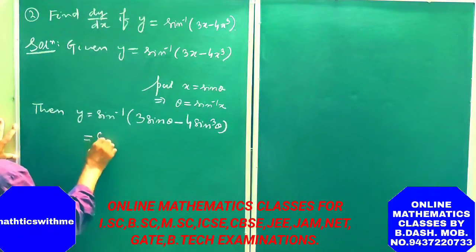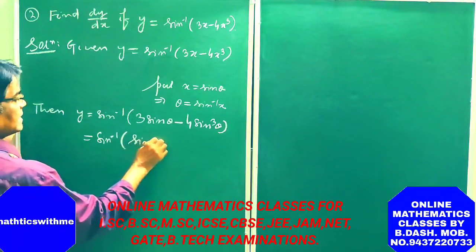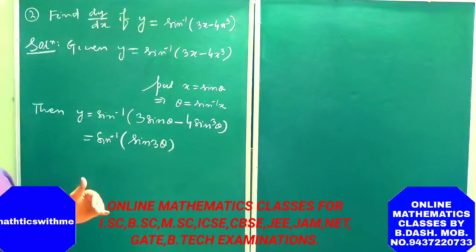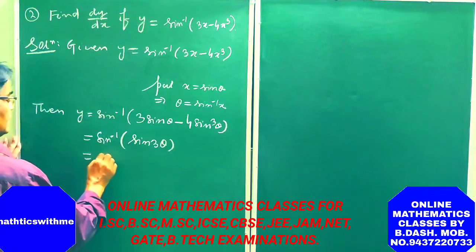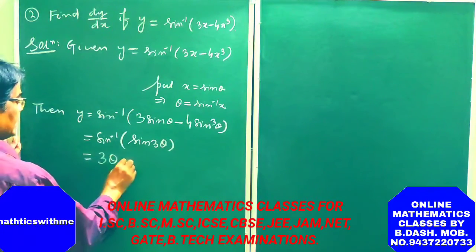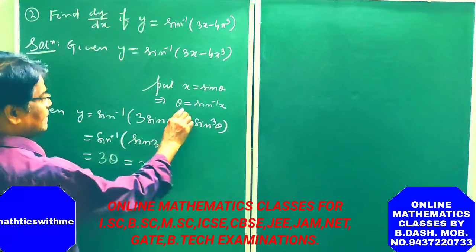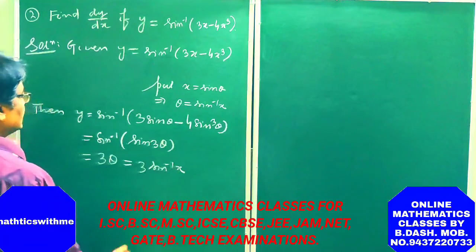So this is equal to sin inverse sin 3 theta, because we know sin 3 theta is equal to 3 sin theta minus 4 sin cube theta. This is equals to 3 theta. We can write this is 3, theta can be replaced by its value sin inverse x.